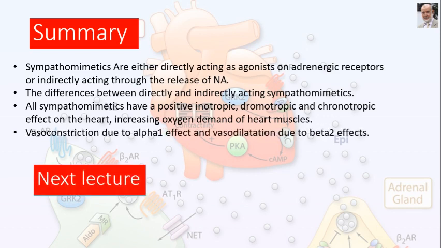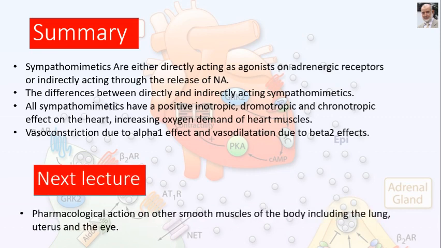We talked about their effect on blood vessels and how alpha-1 produces vasoconstriction and beta-2 produces vasodilatation. In our next lecture, inshallah, we'll talk about the pharmacological action of sympathomimetics on other smooth muscles of the body, including the lung, the uterus, and the eye.